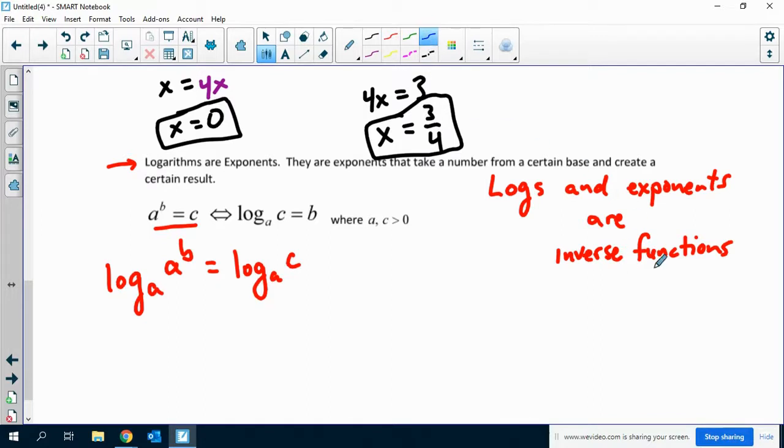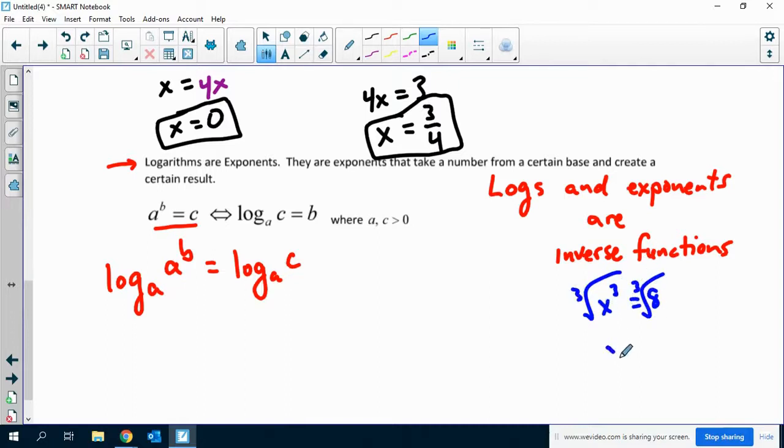And then since they're inverse functions, real quick primer on inverse functions. If we have, for example, x cubed equals 8, the way that we would solve this equation is by taking a cube root of both sides. So the cubed function and the cube root function undo each other. That's what an inverse function is.